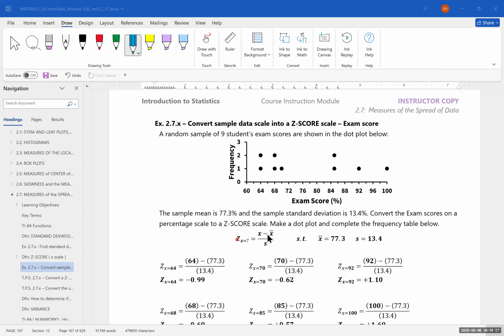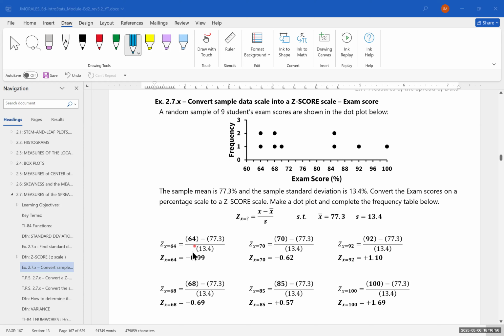So in order to convert these values of x into a z-score, we're going to need the sample mean and the sample standard deviation. Now, for the purposes of this example, you were told what the sample mean and the sample standard deviation are, but you could have just put these values into your calculator and calculated the same thing.